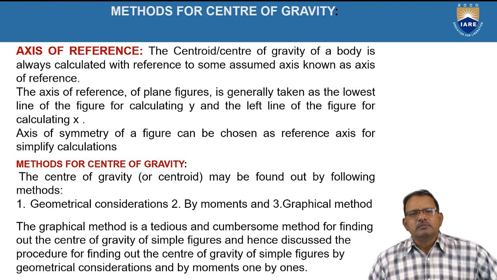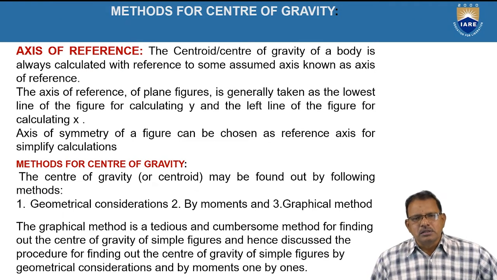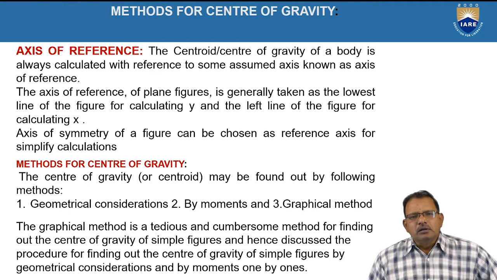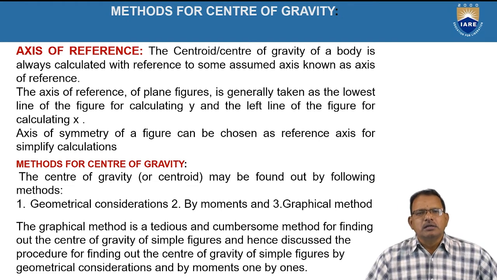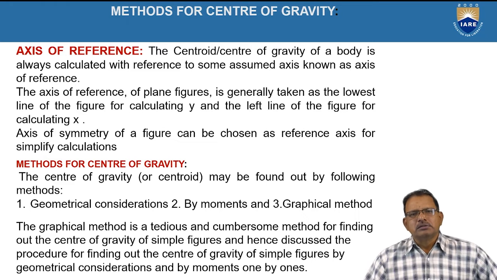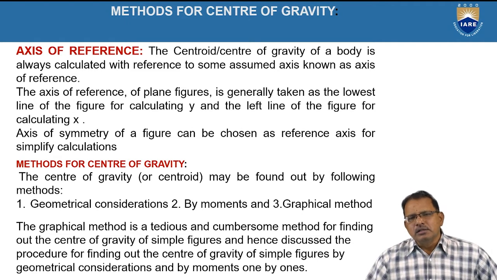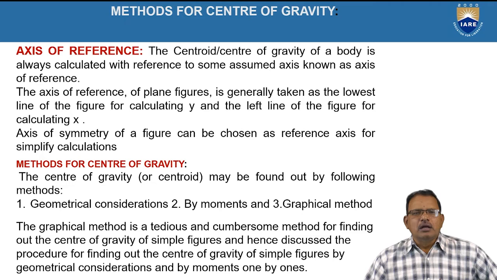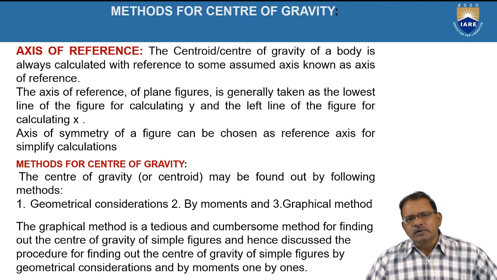In order to represent the position of center of gravity, centroid, or center of mass, some reference lines are required. The reference lines are generally taken as follows: the horizontal line passing through the bottom of the object is treated as the x-axis, also called the horizontal reference line, and the vertical line passing through the extreme left of the object is the y-axis.